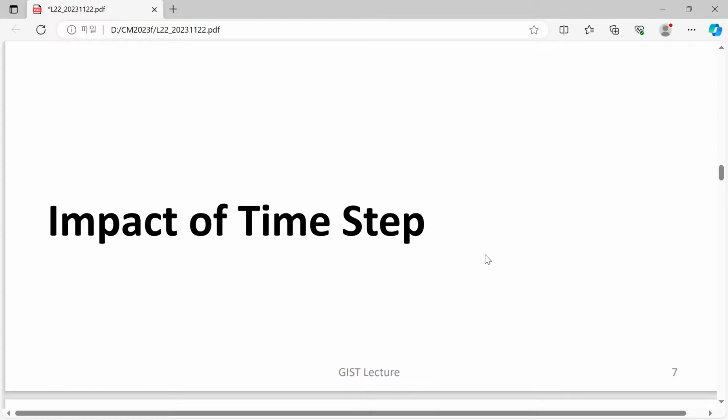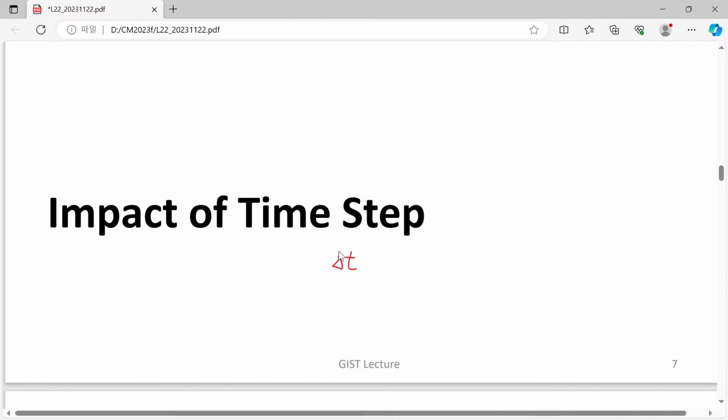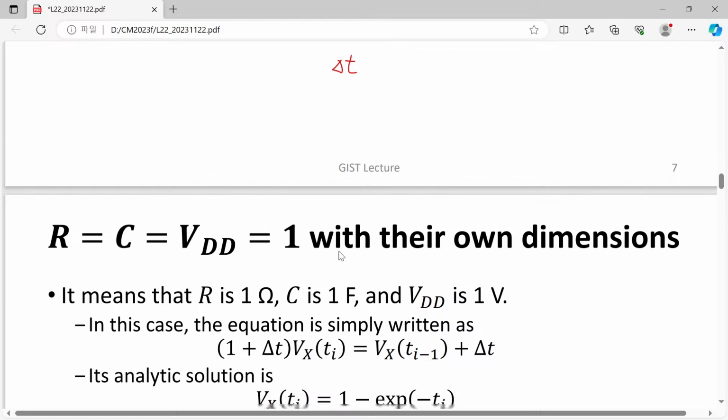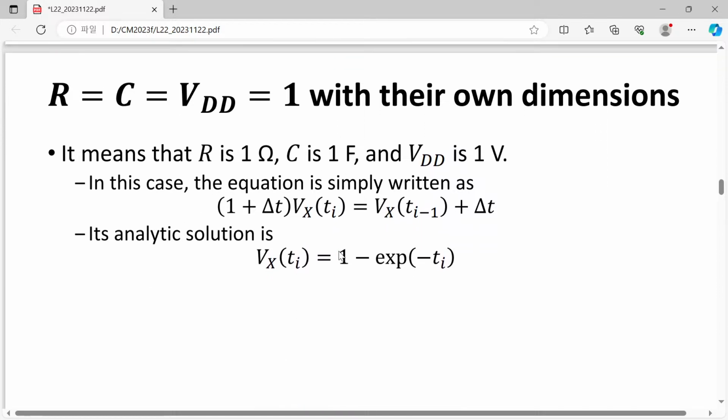So now in this section, I wanted to consider the impact of a time step, delta t. Since there are many different parameters, I wanted to make a normalized expression. So here R, C, VDD, all of them are set to be 1 with their own dimensions. It means that R is 1 ohm, C is 1 farad, and VDD is 1 volt.